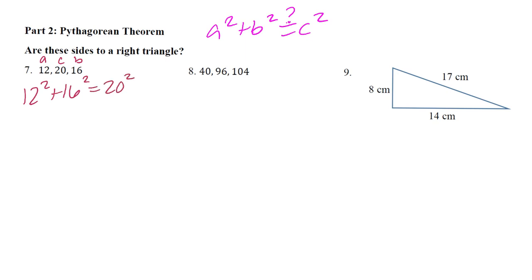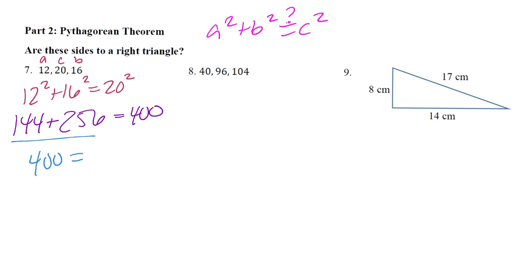We're checking it. So 12 squared is 144, 16 squared is 256, and 20 squared is 400. So we combine our like terms here on the left, and we see that 400 equals 400. So yes, this is a right triangle.